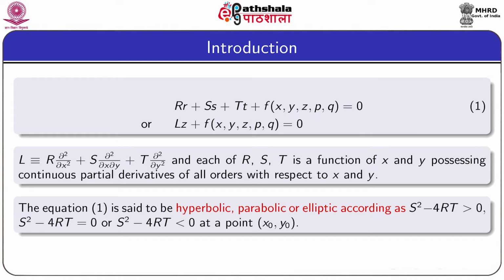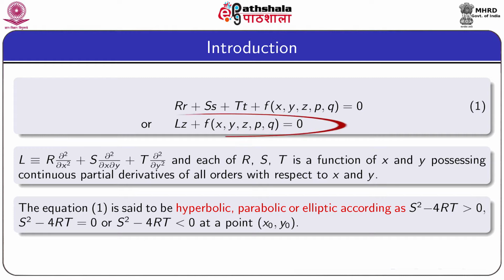Here I need to mention that small r is the partial derivative of capital Z with respect to x twice. That means small r is del 2 z del x square, small s is del 2 z del x del y, small t is del 2 z del y square, small p is del z del x and small q is del z del y.